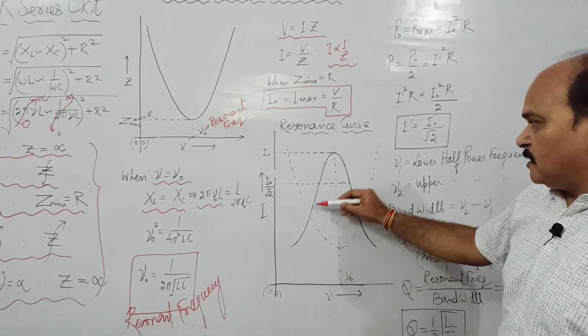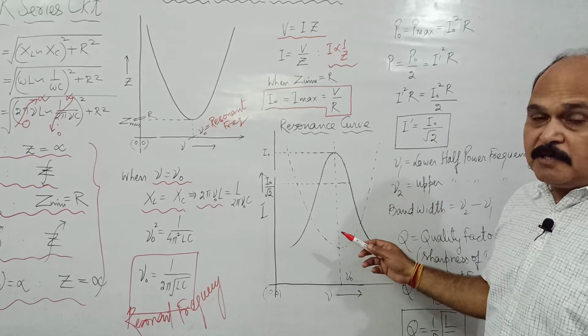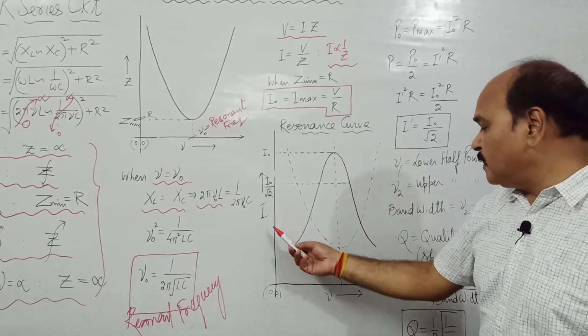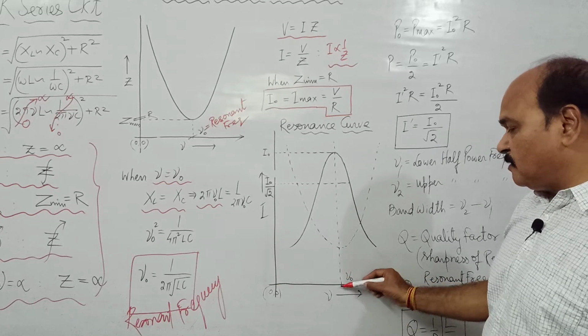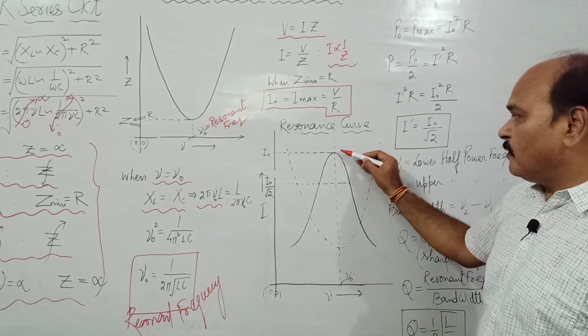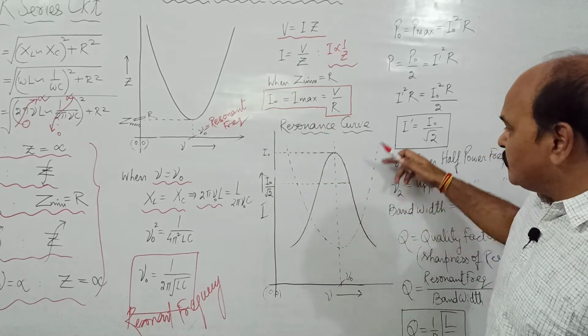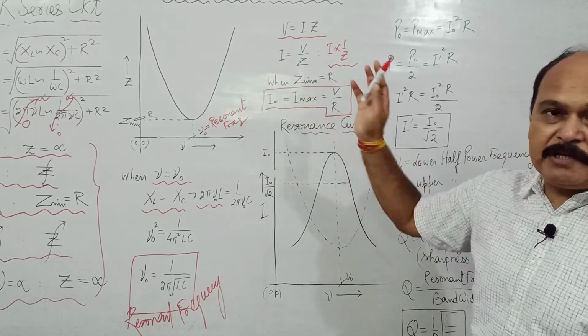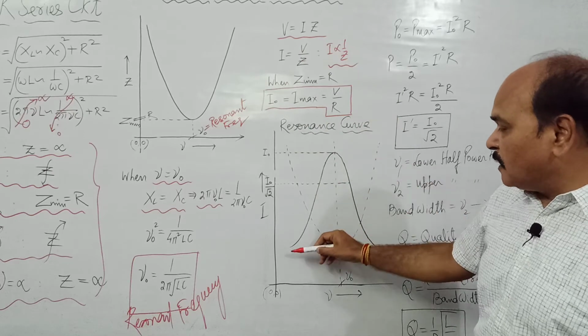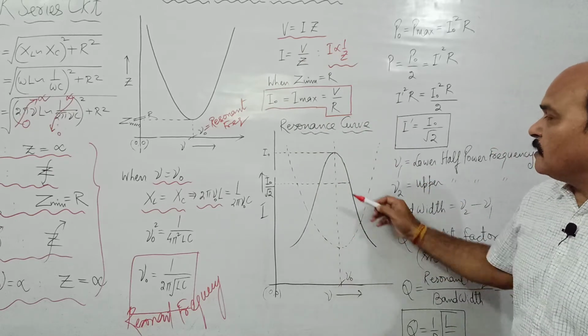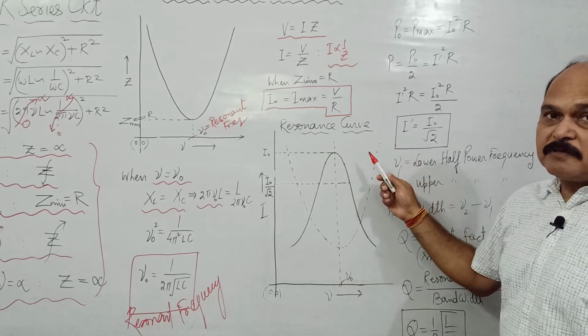So this continuous curve, this parabolic curve, is the graphical plot of I against frequency. This is resonant frequency at which the value of current is maximum. This dotted line shows the variation of Z against frequency, which we have already studied. And this I versus frequency graph is called resonance curve.